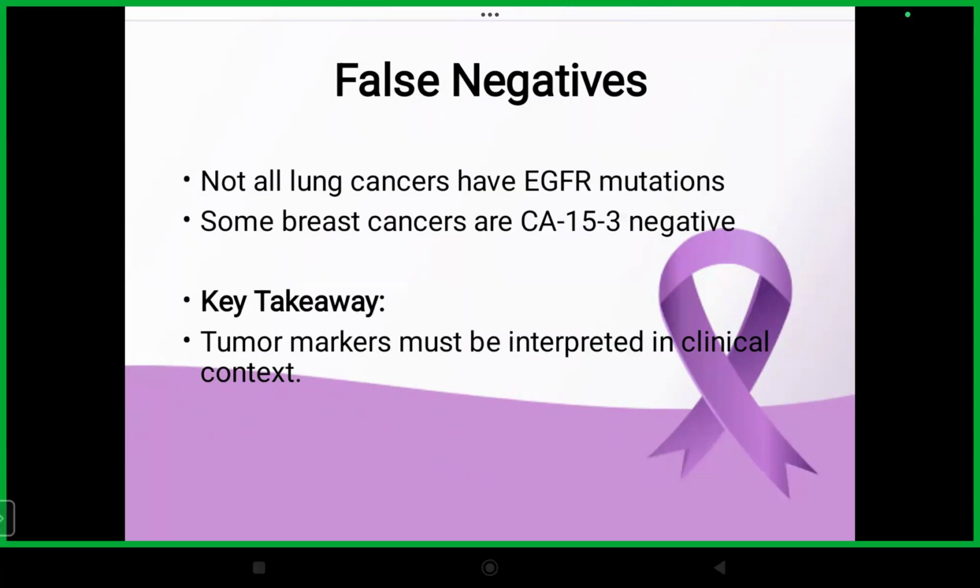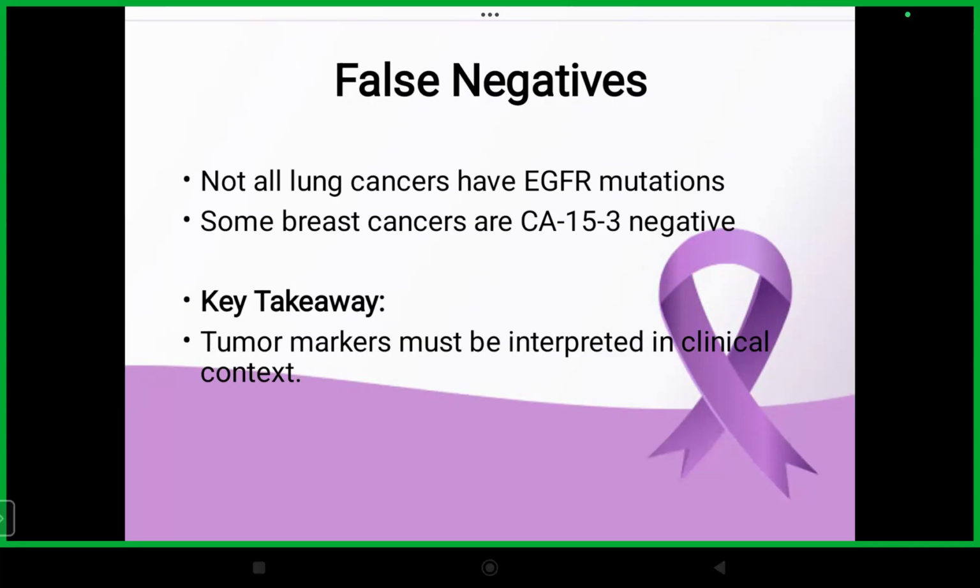Similarly, if CA 15.3 is negative, it doesn't mean breast cancer is absent. There are breast cancers which can be CA 15.3 negative. Okay. So our key takeaway from this session must be that tumor markers must be interpreted along with the clinical context, that is, along with the histopathology, radiology and the clinical findings.